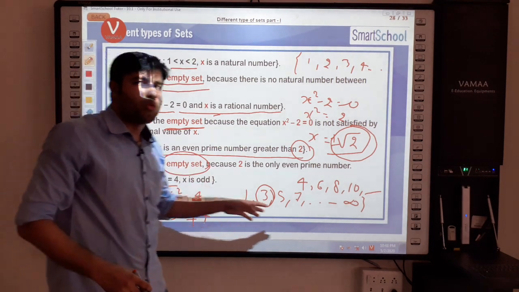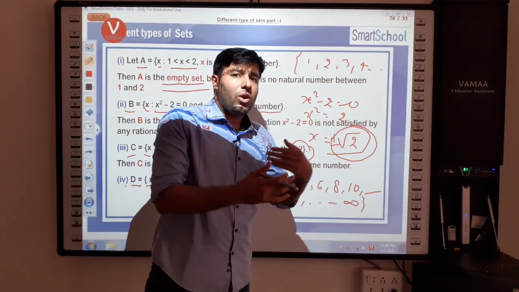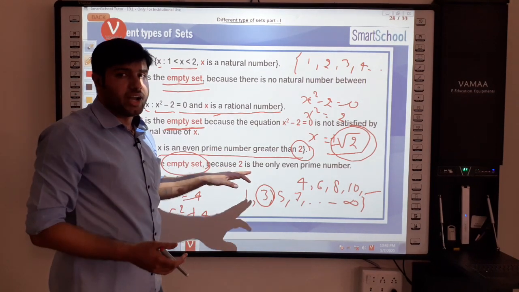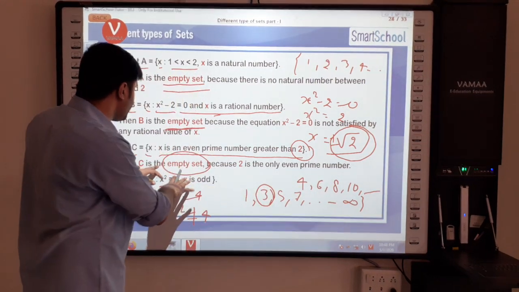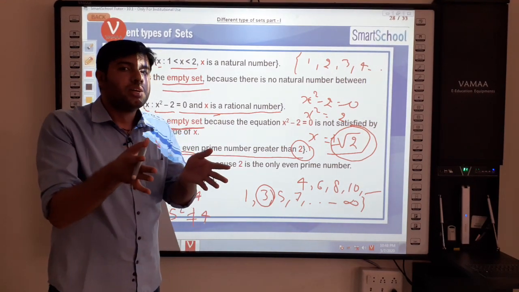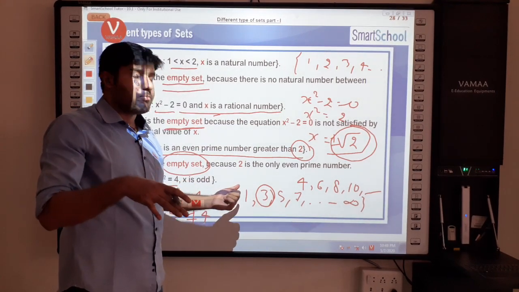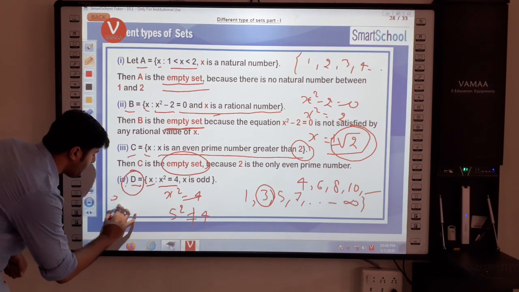In this way, if you move forward to the next numbers, for all odd numbers you will find the condition is not satisfied. For any odd natural number, this equation will not be satisfied, which means we are not getting any element which satisfies this condition, so this set D will also be considered an empty set.